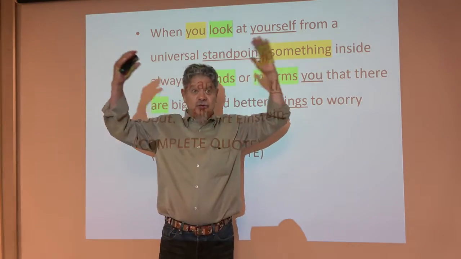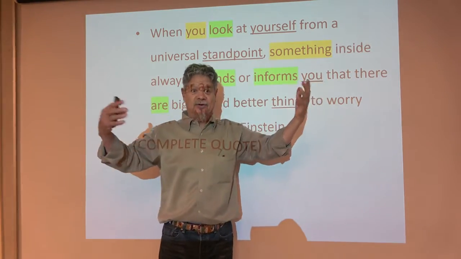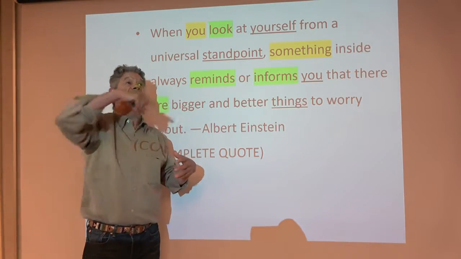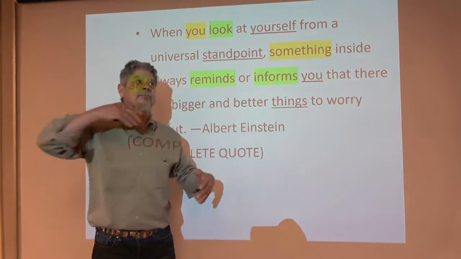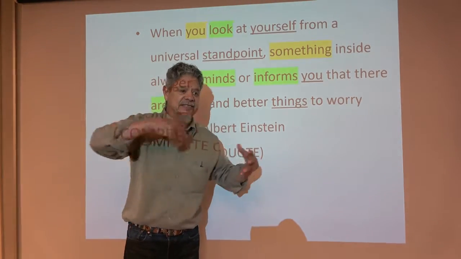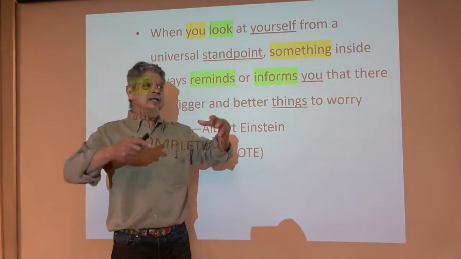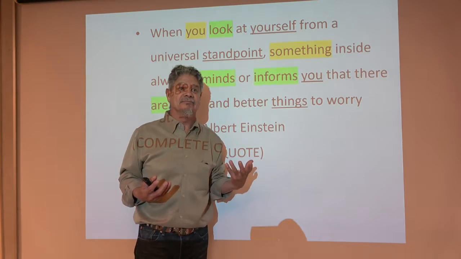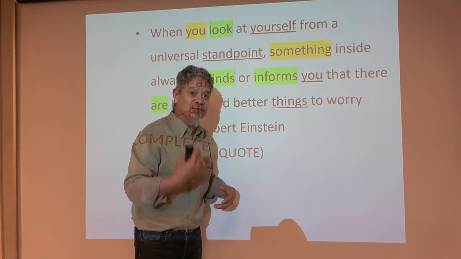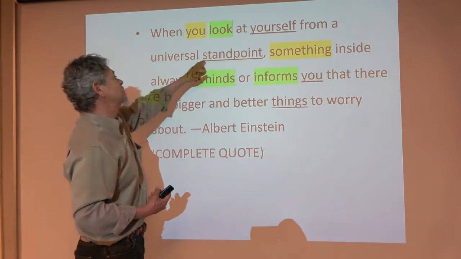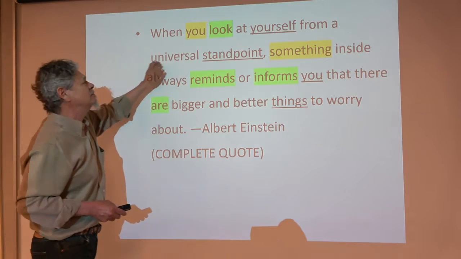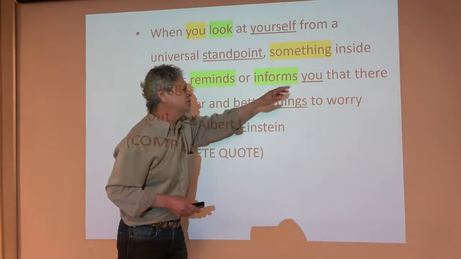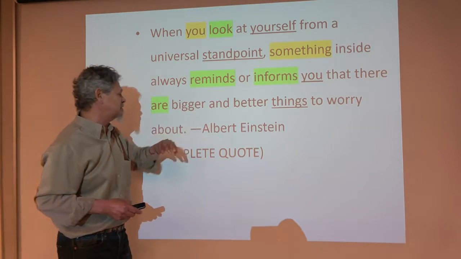And so that's kind of the universal picture of we are on this planet among other planets that's going around the sun, and this sun system is part of a galaxy that has millions of suns, and some of those have planets going around them and things. That's the universal standpoint. When you look at yourself from a universal standpoint, something inside reminds or informs you that there are bigger and better things to worry about.